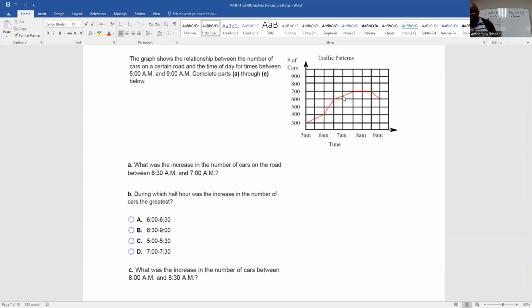In this case, I'm going to say 650. So if I do 650 minus 600, that would be how much? It'd be 50. So the increase in the number of cars on the road between 6:30 and 7 a.m. would be approximately 50.